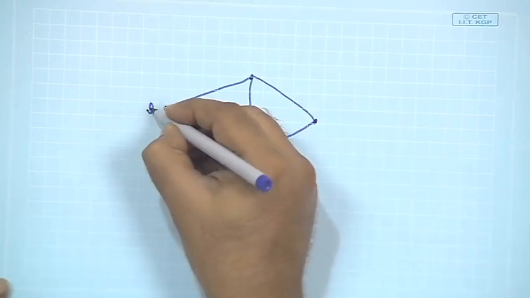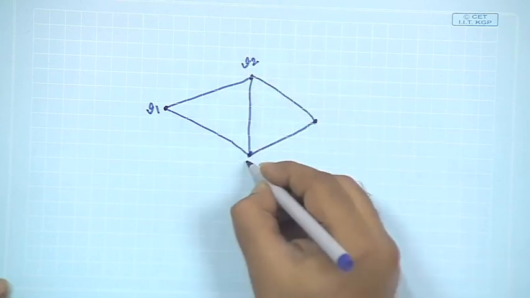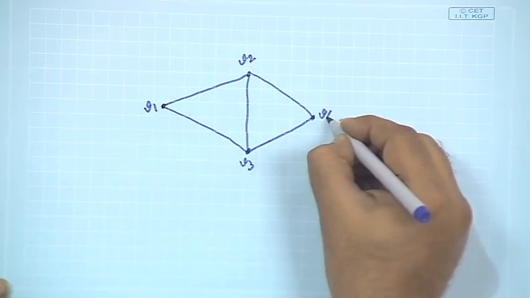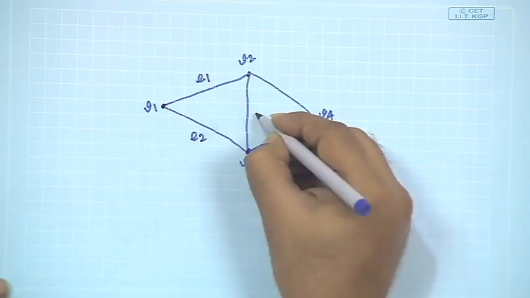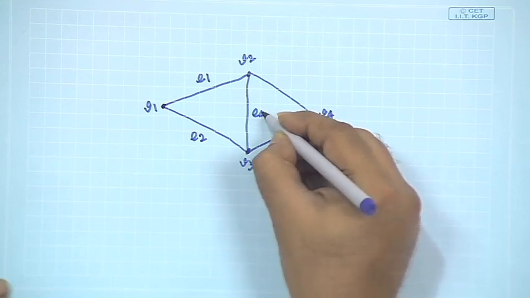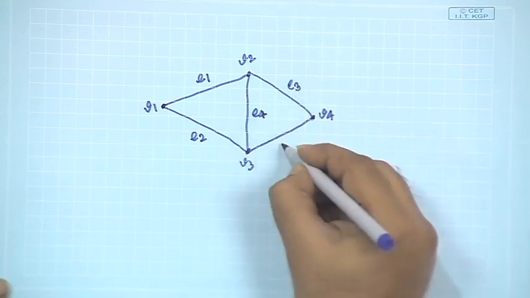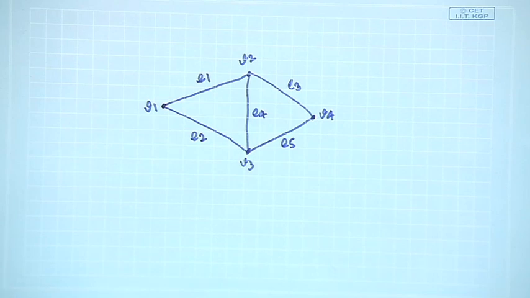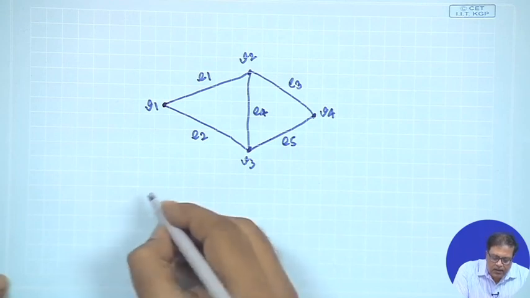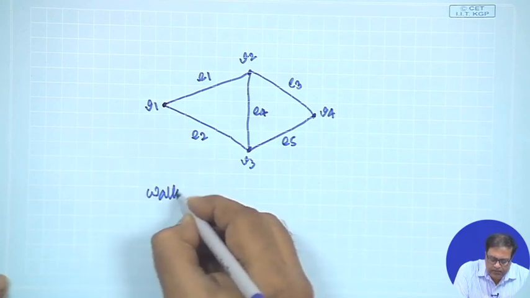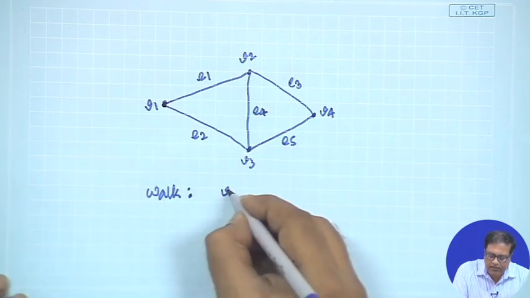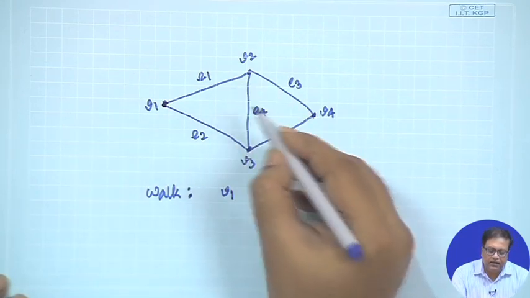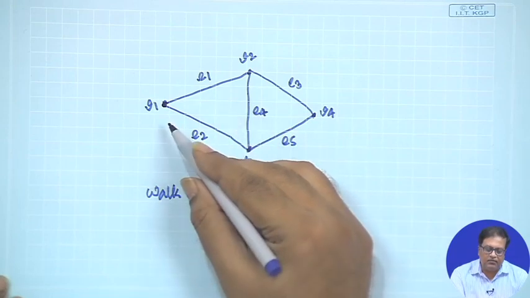Suppose this is V1, this is V2, this is V3, this is V4. There are 4 vertices, and let us say there are 5 edges. So, a very simple graph with 4 vertices and 5 edges. A walk will be, let us say we start with V1. It should be an alternating sequence of vertices and edges starting from a vertex.